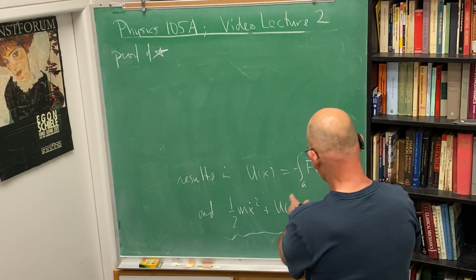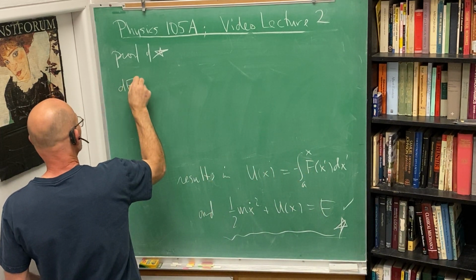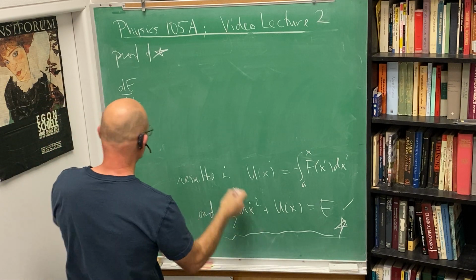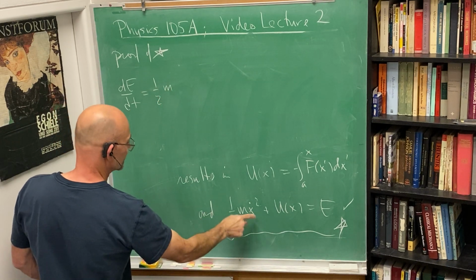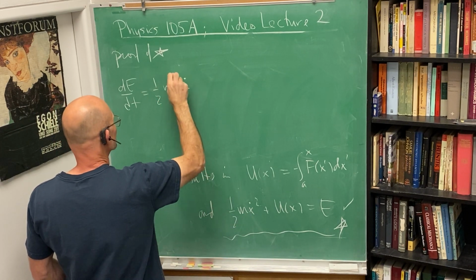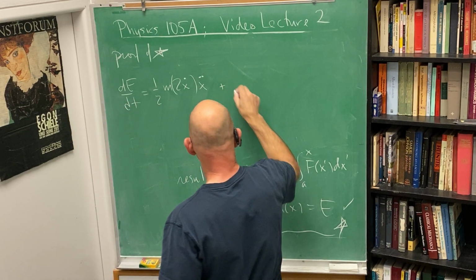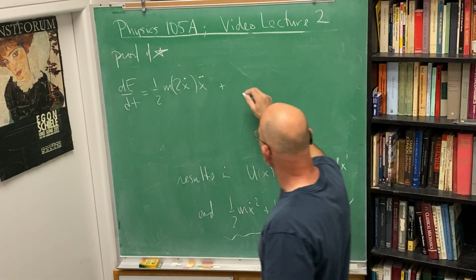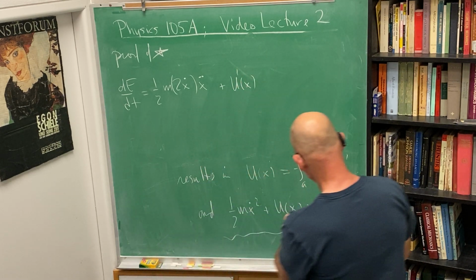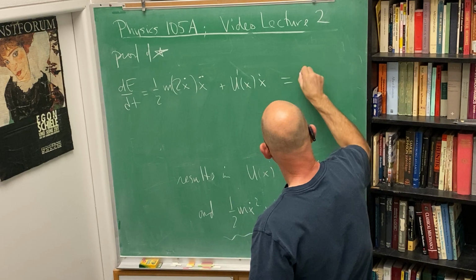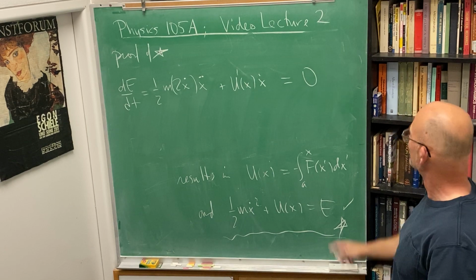If we define this thing like so, we have dE/dt, taking the time derivative of this, equal to 1/2 m times a derivative 2x dot, chain rule, x second derivative, plus dU/dt, which is U prime of x, chain rule, dx/dt. Differentiate this, of course, it's 0, but hey, I'm trying to prove that.